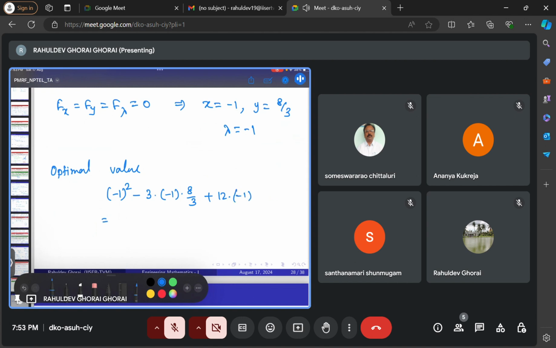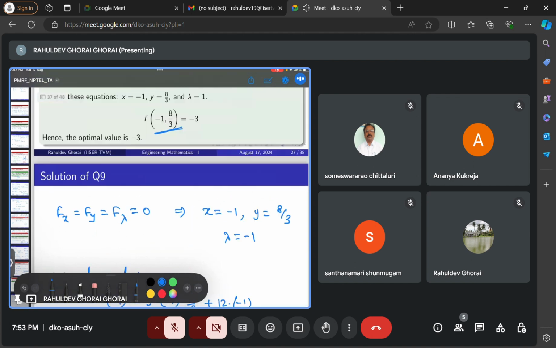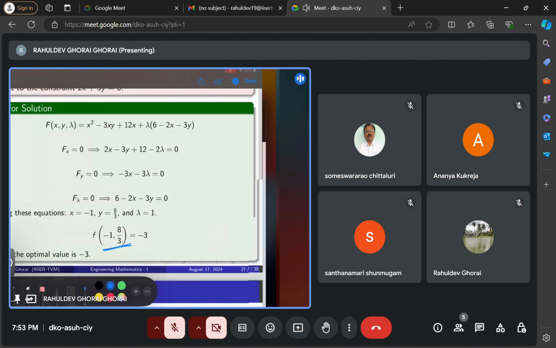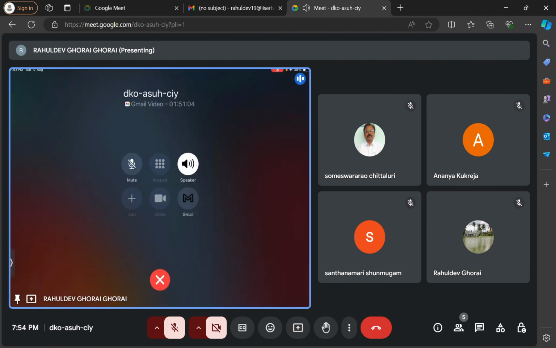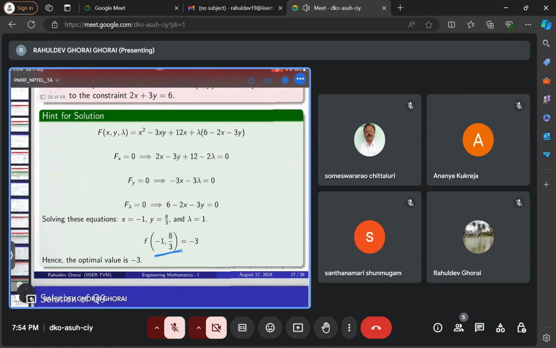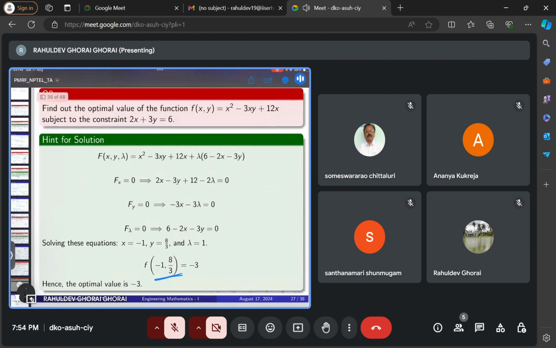That will give you 1 plus 8 minus 12, which is minus 3. This is your optimal value. That's what is given here also. So check this one here. That is your solution to the question here.